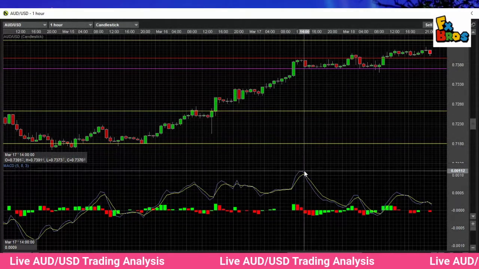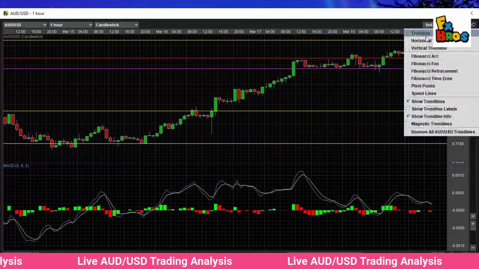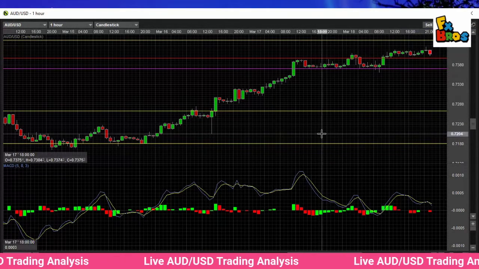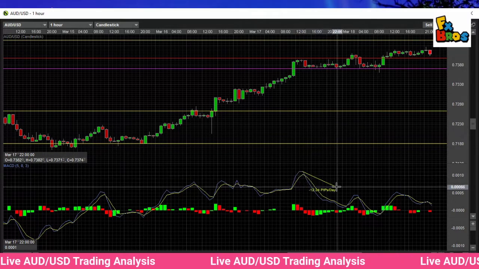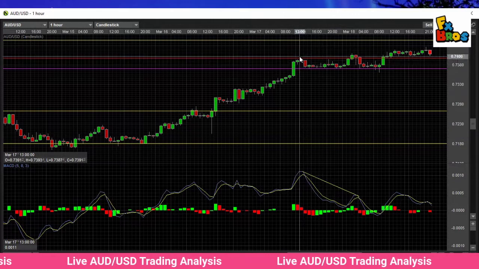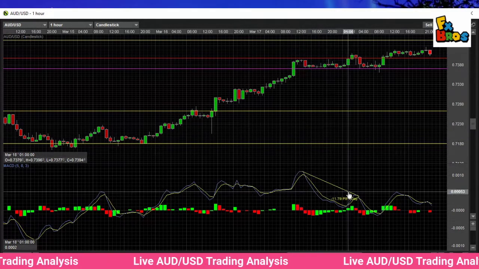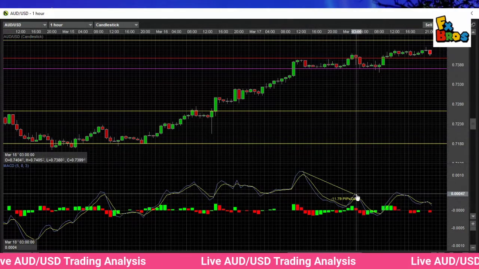Basically, a divergence is this. Get a trendline. You see the market had a high and then it made a low. You see this high, it's matching with the high of the market right here. And you see this little swing is a lower high.